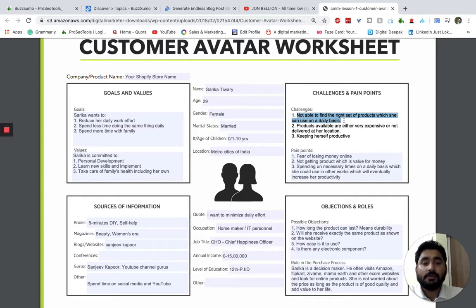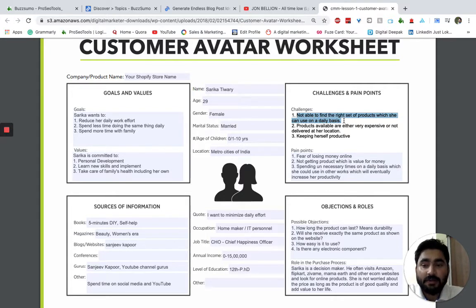Now, coming to the pain points. The pain point is fear of losing money online. There are a lot of websites or e-commerce stores online which fail to gain your trust.